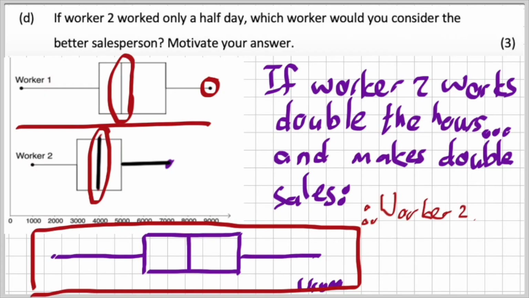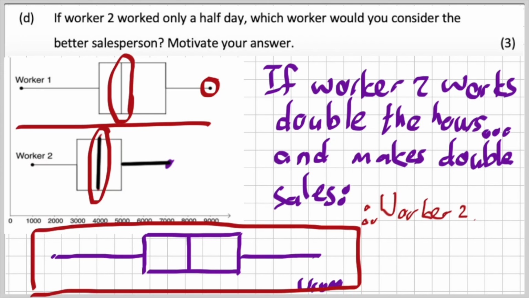You've just got to be able to motivate your answer by interpreting the sketch. The examiner will then actually look at both interpretations and give you the marks, if you argue from a point of understanding. Oh, I love these questions.